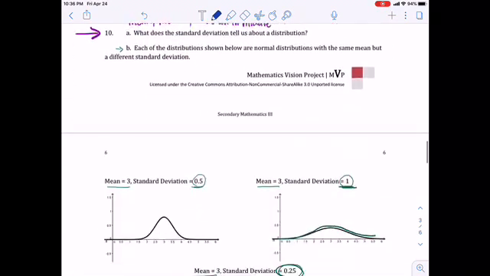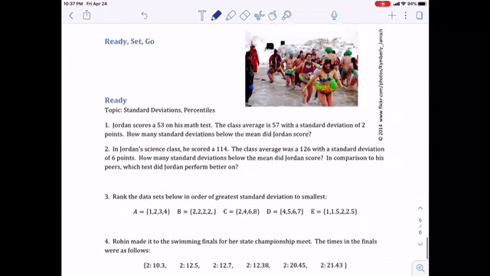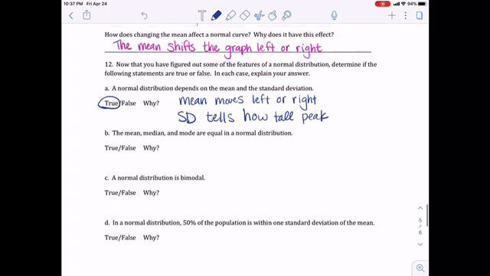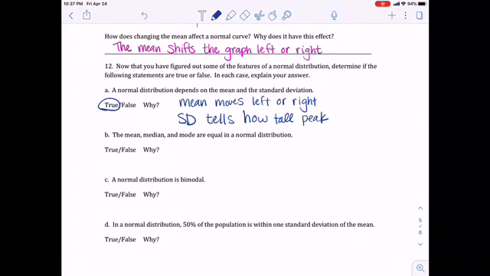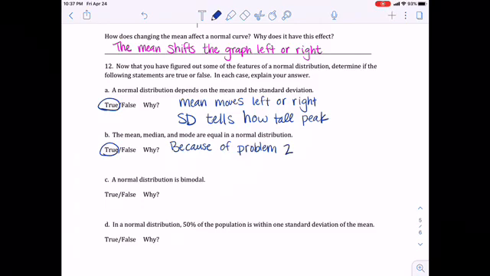So here on this question, it says the mean, median, and mode are all equal in a normal distribution. Well, that's true, and we know that by definition of what a normal distribution is, but I'm going to say because of example 2.